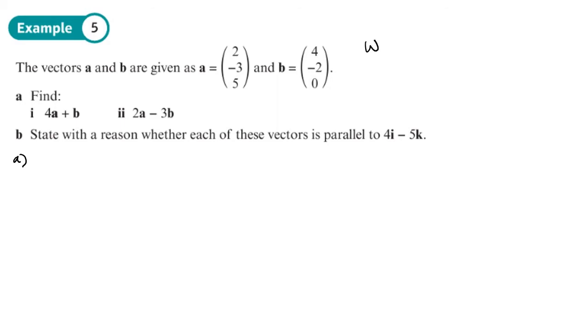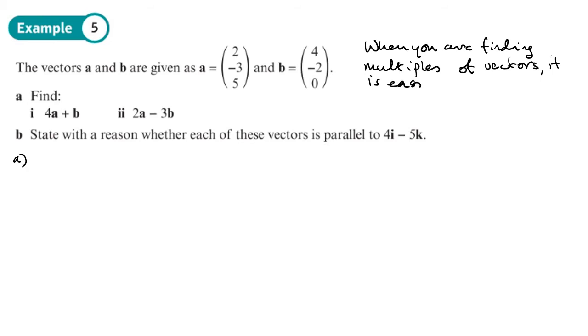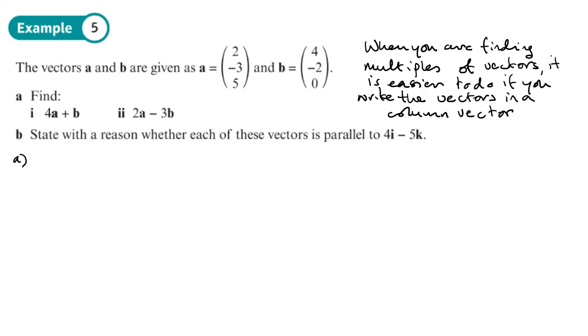So my little tip here would be, when you are finding multiples of vectors, like we're doing in part A, it is easier to do if you write the vectors as a column vector, and they're already given as column vectors.